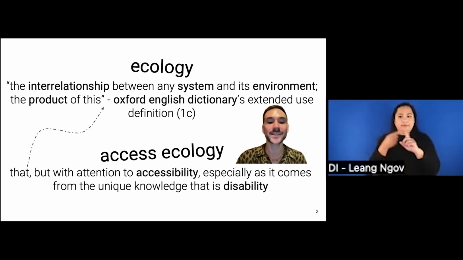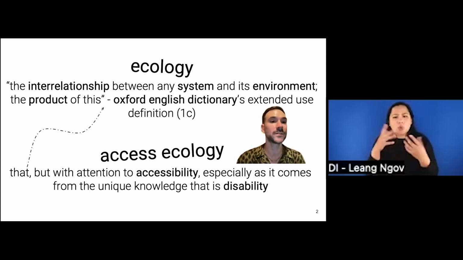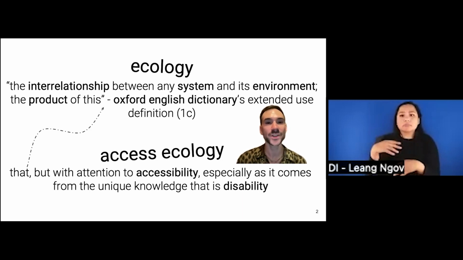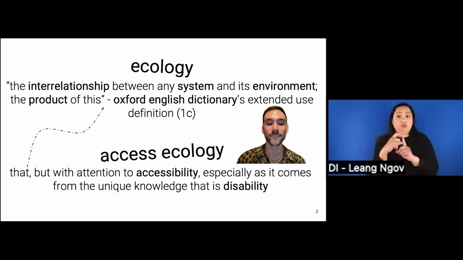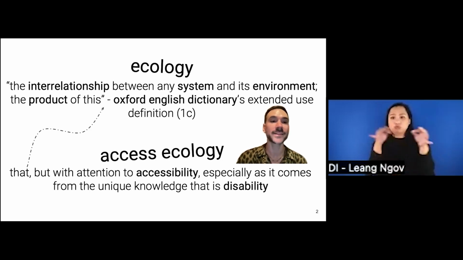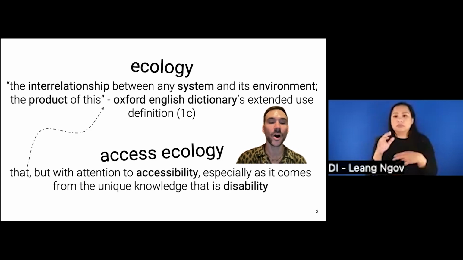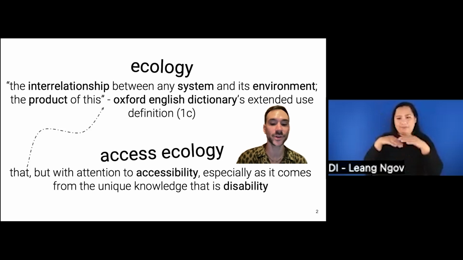So certain access features might come up regularly when we use this term: ASL, captions, description. But just like all body minds have access needs, all features of an ecology can also be understood as part of our access ecologies.